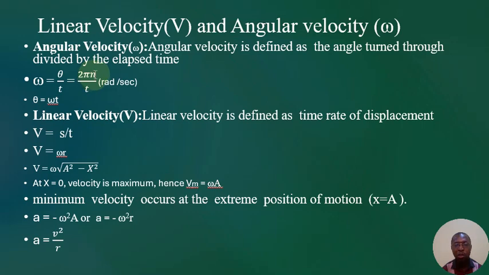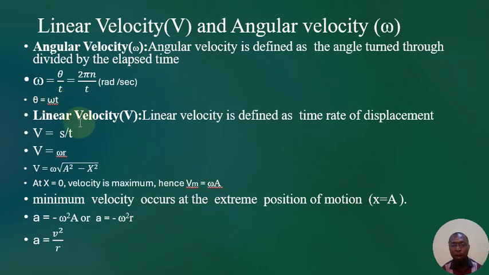The n represents the number of circles the object has moved, the number of circles that it has gone round. So the formula for angular velocity is theta over t. By definition, it is the angle turned through divided by the elapsed time. And if we cross multiply this, we have theta equal to angular velocity times t.